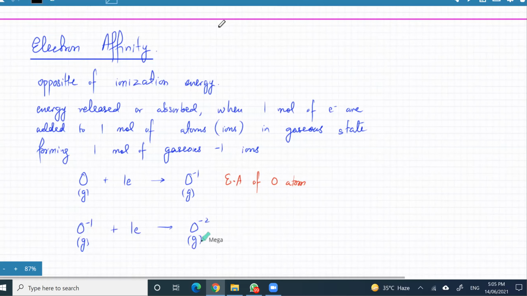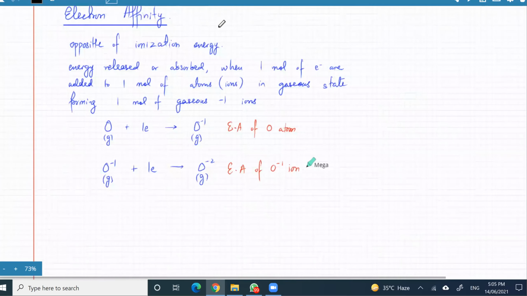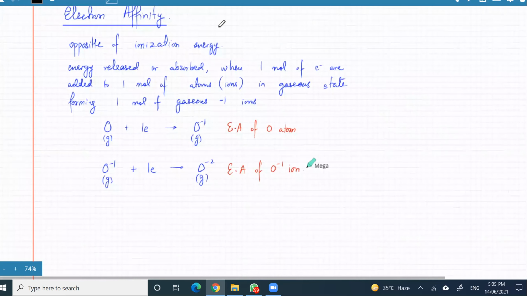And this would be known as the electron affinity of the oxygen -1 ion. Is this clear? Yes. And so on. If oxygen decides to gain another electron, then that would be the electron affinity of the oxygen -2 ion.